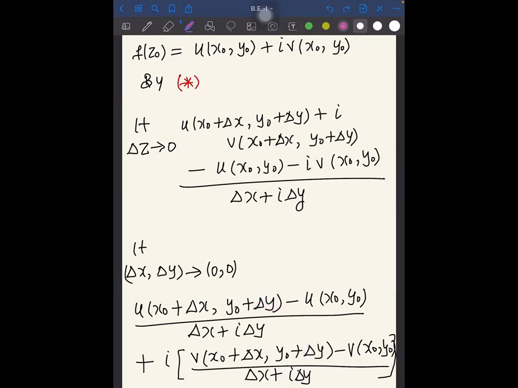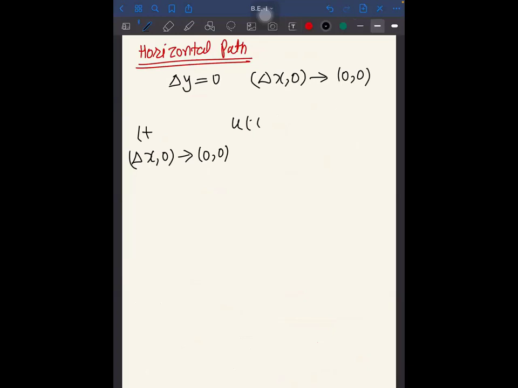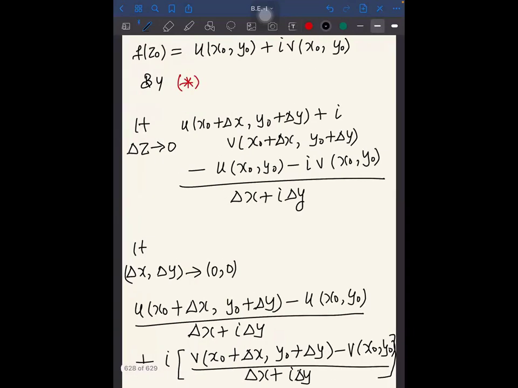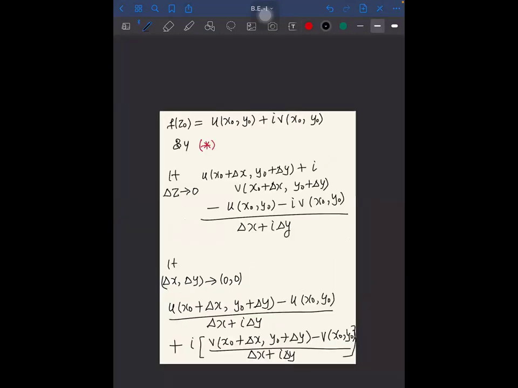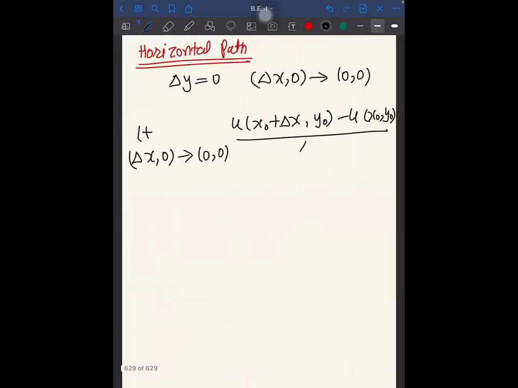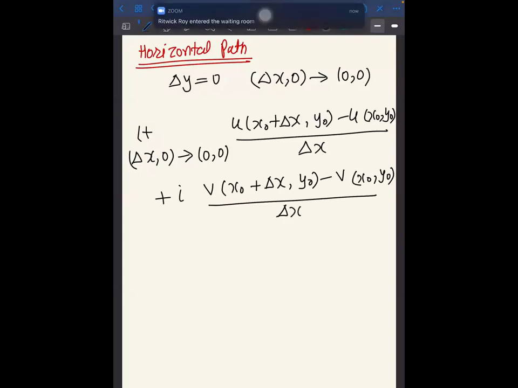You are left with u of x naught plus delta x, y naught, minus u of x naught y naught, upon, earlier it was delta x plus iota delta y, but now delta y is 0 because you have chosen the horizontal path, so only delta x, plus iota times v of x naught plus delta x, y naught, minus v of x naught y naught, upon delta x. Are you with me?